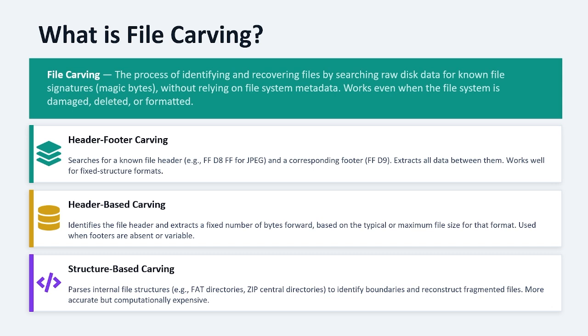So think of the header footer carving as looking until you encounter those specific bytes inside of the file, and then setting a flag there, and then continuing to search until you encounter a corresponding footer which matches those specific bytes, and then taking that entire section, storing it into a file, saying it is a file of this particular type.